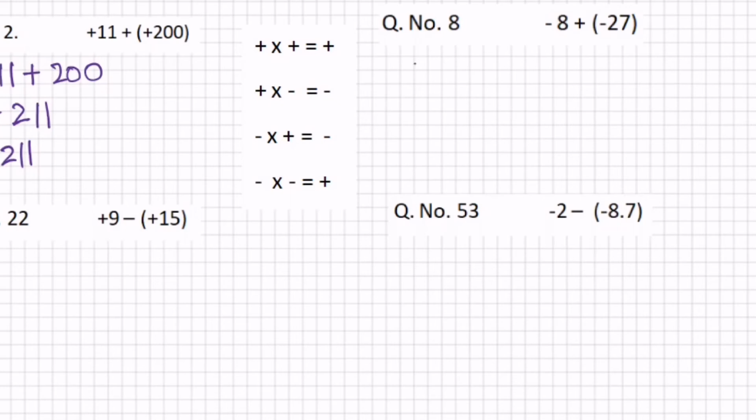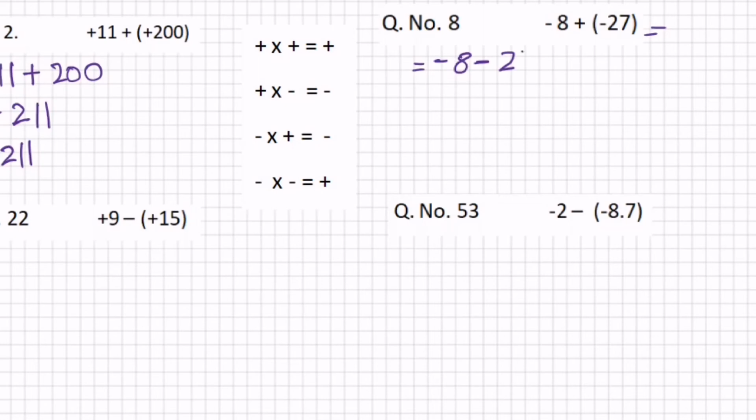So we will put is equal to, after this, minus 8 plus into minus 27. So plus into minus, I wrote here plus into minus is equal to minus, the sign is minus, so I will write here minus 8, and then I will multiply plus into minus, so this is the minus sign.